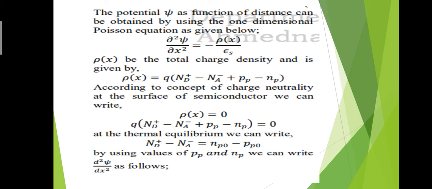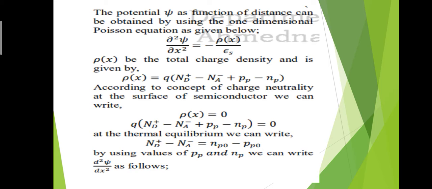According to the concept of charge neutrality at the surface of the semiconductor, we can write. We know that in the semiconductor the overall charge is 0, that is there are equal numbers of positive charges and negative charges. So here we write rho of x is equal to 0, that is q into (Nd plus minus Na minus plus Pp minus Np) is equal to 0.